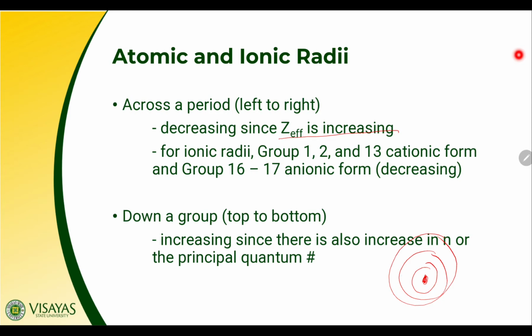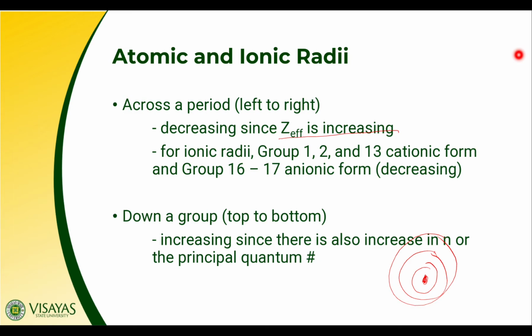So as we go down a group, the energy level increases, and with this there are more electrons being added to the value of n, or to the energy level. With these additional electrons, the repulsion is increased. There are larger repulsive forces among the electrons.